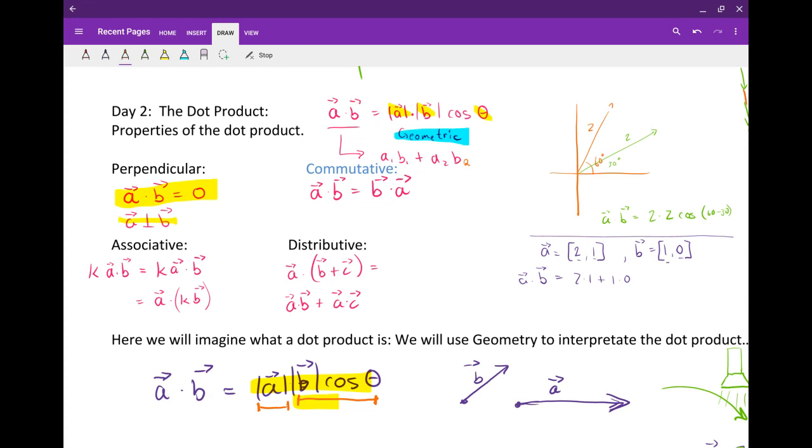Now, some properties of the dot product are listed here: perpendicular, commutative. We'll start with perpendicular. If you take two vectors, A dot B, this could be in either geometric or Cartesian format.